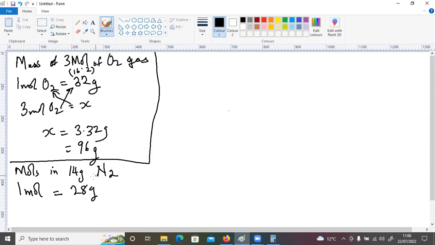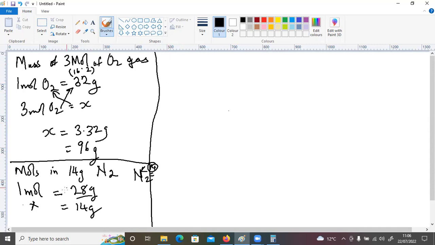Because N2 has 2 atoms of nitrogen, and 1 atom of nitrogen is 14 in terms of relative atomic mass, so N2 must be 28 grams. So how many moles x are in 14 grams? I know that one is a bit confusing, but make sure you revise what we have just talked about. You should be able to see it.